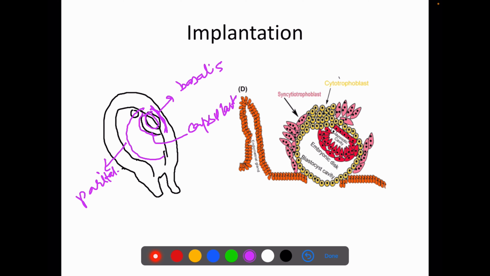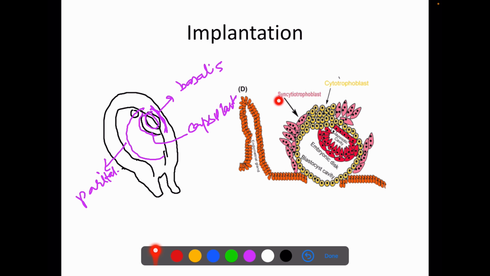Okay, understand this diagram now. See here, this is decidua, this is trophoblast. Now the changes which are occurring in the trophoblast: the outer cells of the trophoblast which are towards the decidua lose their boundaries and form a syncytium, forming syncytiotrophoblast.